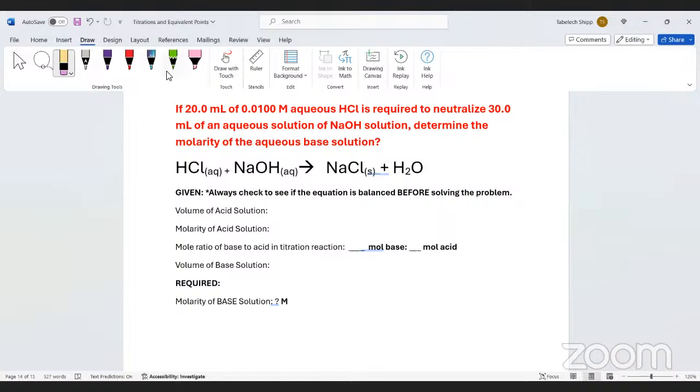All right. So what do they give us in this problem? Let's identify it. We've got these two right here, 20.0 milliliters of 0.01 molarity aqueous HCl. Listen, y'all, hydrochloric acid is also found in the stomach. If you're taking biology, you would know that.